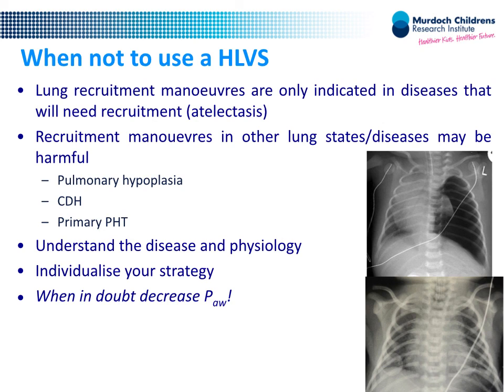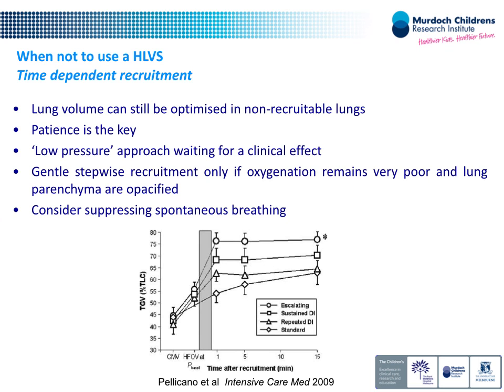In fact, in this disease, this is an indication for a low lung volume strategy in many cases. Doesn't mean that sometimes you don't do a pressure step, but in pulmonary hypertension we limit it in our babies to a last resort, and we do very small steps, very long periods of time. We might wait hours after each step to see what the response is. And I think if in doubt, you decrease your mean.